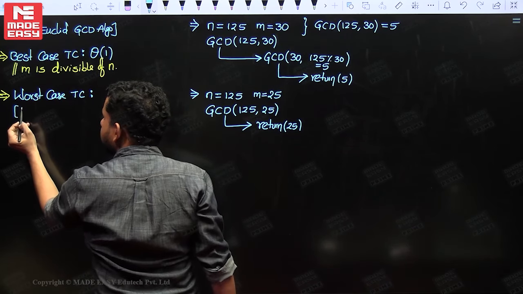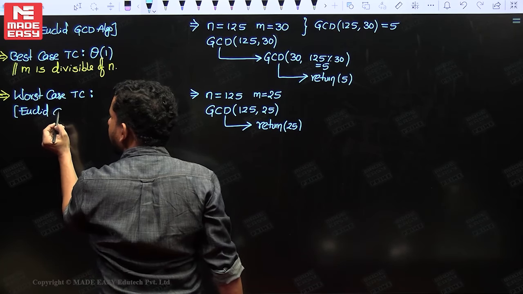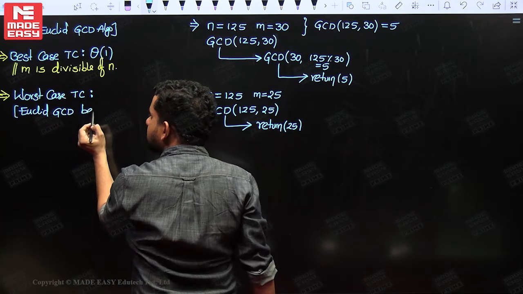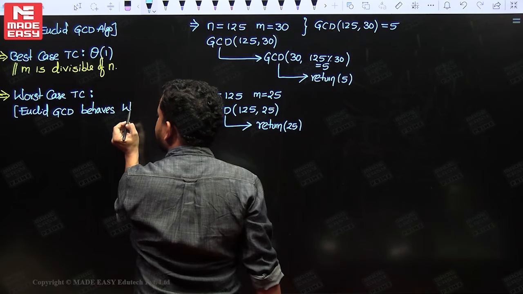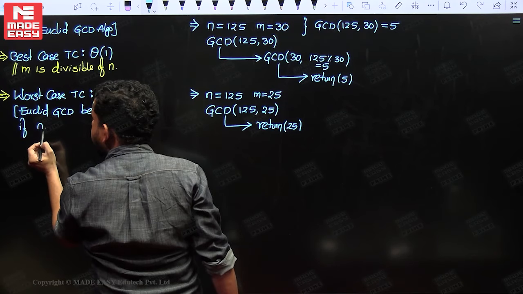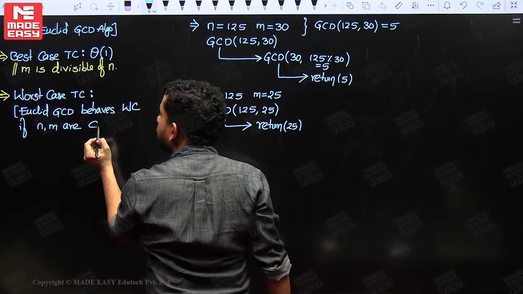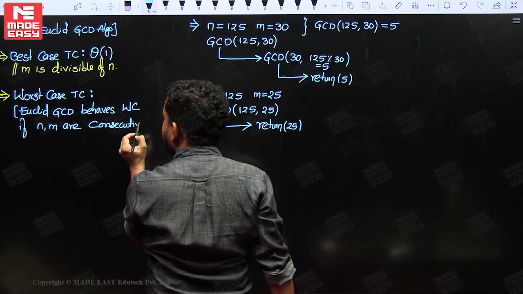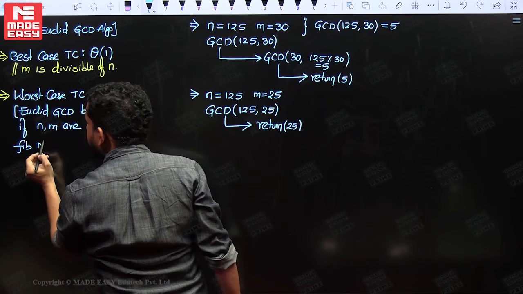So this Euclid GCD algorithm behaves worst case if n and m are consecutive Fibonacci numbers.